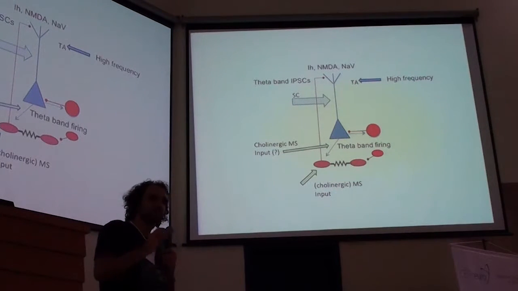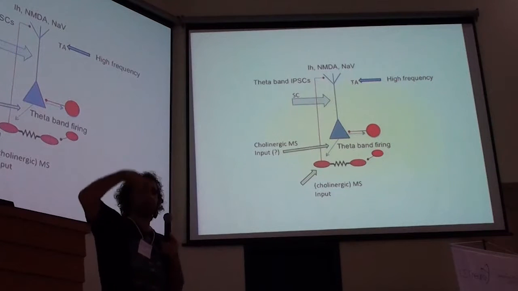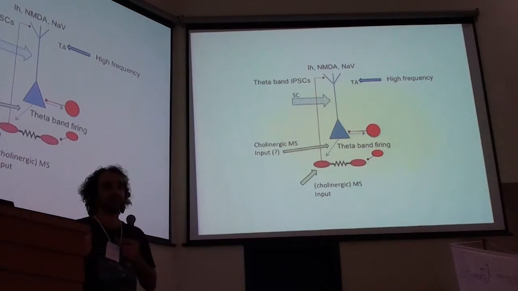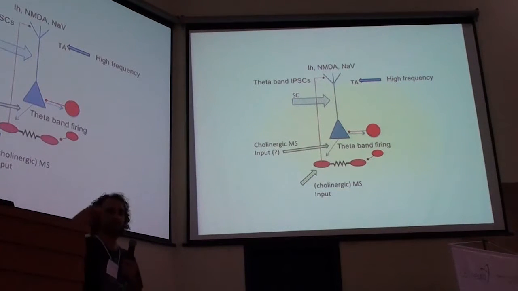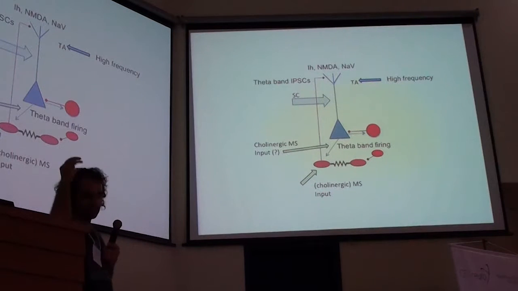In fact, it's not strong evidence, but very often when I do voltage imaging with optogenetics of these cells, you do see the distal part of the dendrite. So I stimulate OLM, you see inhibition, but then very often you see a post-inhibitory rebound depolarization. That may indicate that you can even have rebound action potentials followed by OLM inhibition. And then this theta band firing would be containing the most distal part of the dendrites.